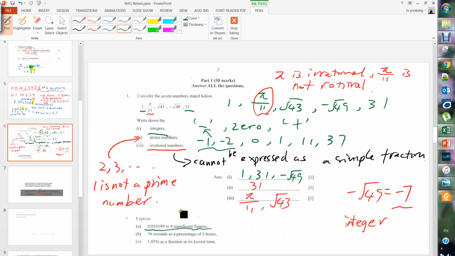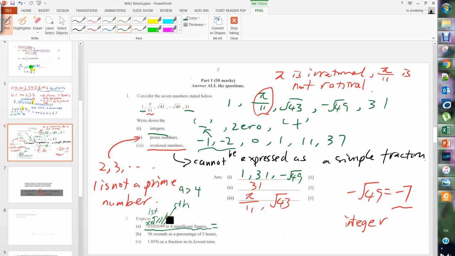So yep, I have already explained that. So therefore what you get is once again the first valid scientific figure starts from a non-zero figure. So this is a 0, this is all 0, so that means this is my first, and then this is second, and this is third, and then this is fourth, so I look at the fifth. So 9 is bigger than 4, so I need to add 1 to it.